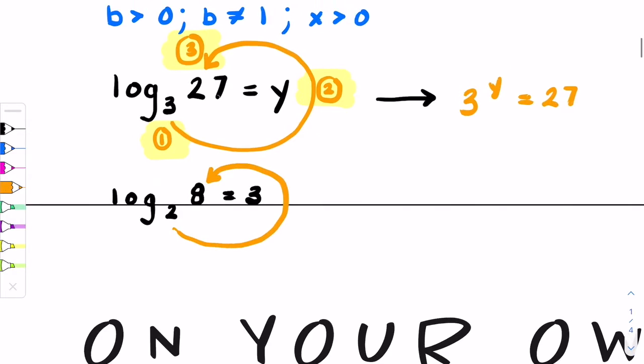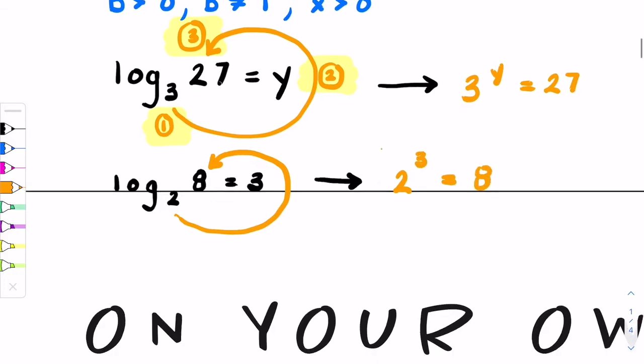The first location that I started drawing my circle from is 2. Then I draw by 3, and my last part is 8. You can just check this to see if it is true. Is 2 cubed equal to 8? And you hopefully all say yes, it is, so that is correct.